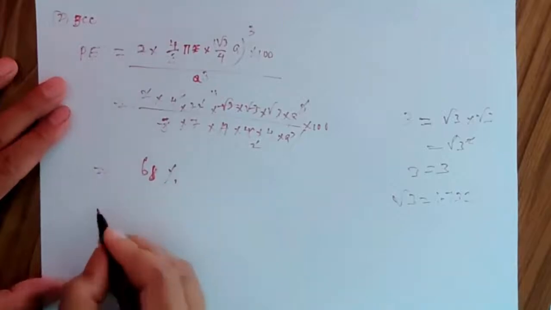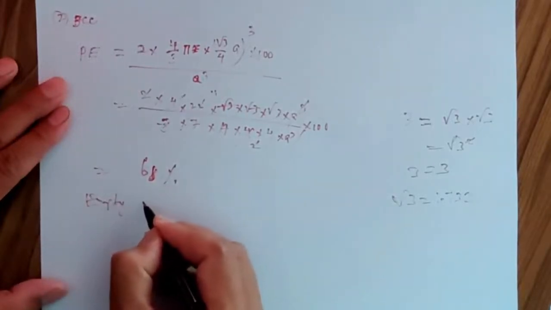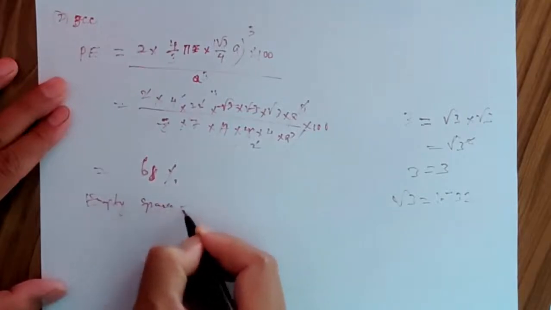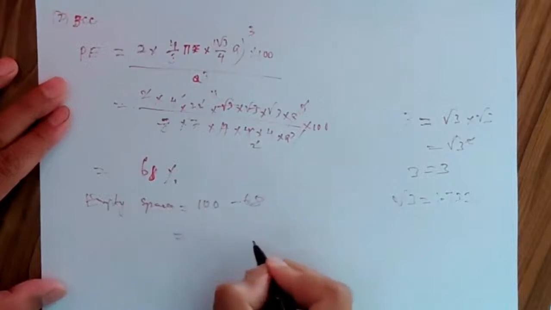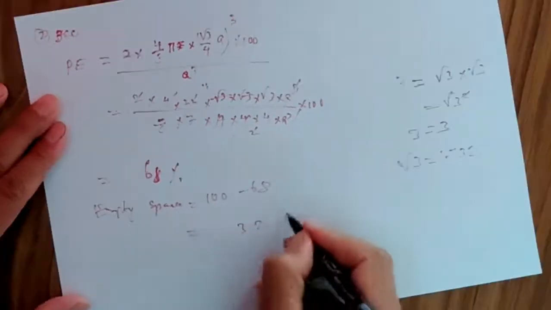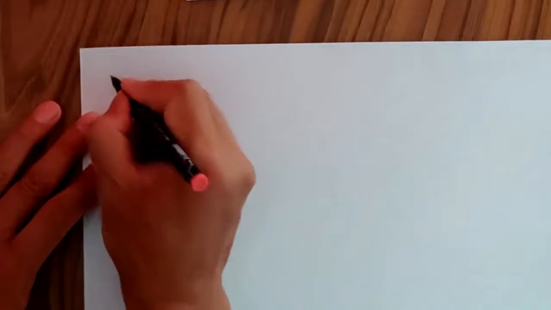Calculate the empty space for BCC: 100 minus 68, so 32% is empty. It's far better than SCC. Packing efficiency for FCC.